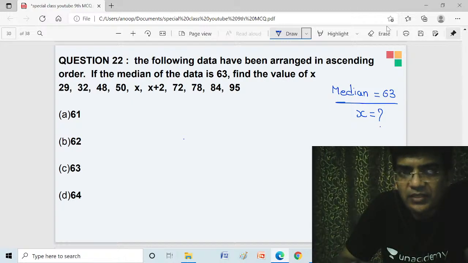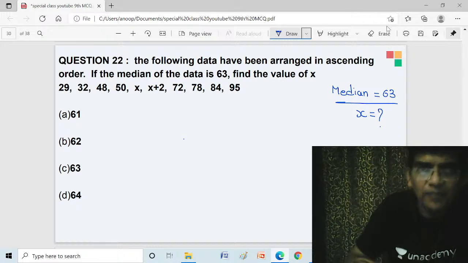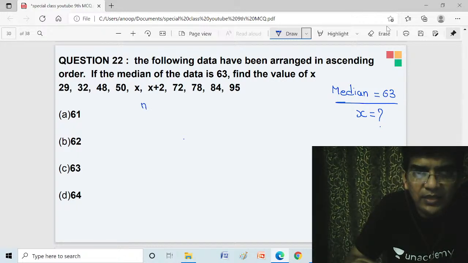So first we will count whether they are even or the odd number of observations. 1, 2, 3, 4, 5, 6, 7, 8, 9, 10. So here we will say n is equal to 10. That is an even number of observations.